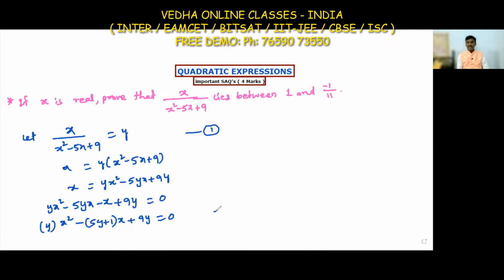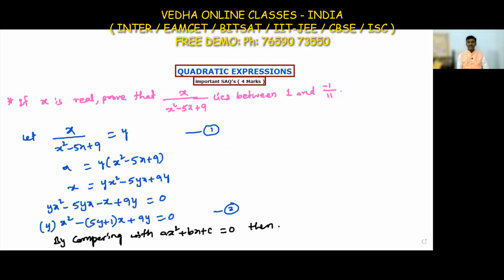I am taking this as equation 1 and this as equation 2, by comparing with ax square plus bx plus c is equals to 0.